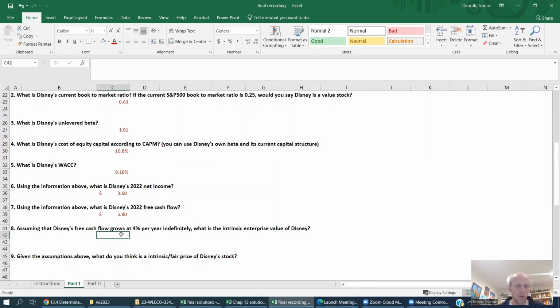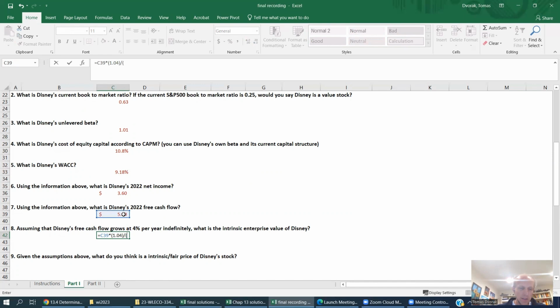If free cash flow grows at 4% indefinitely, what is the enterprise value? So that's just the present value of this number times growing at 0.04. I should probably make that a cell, but for now I won't.